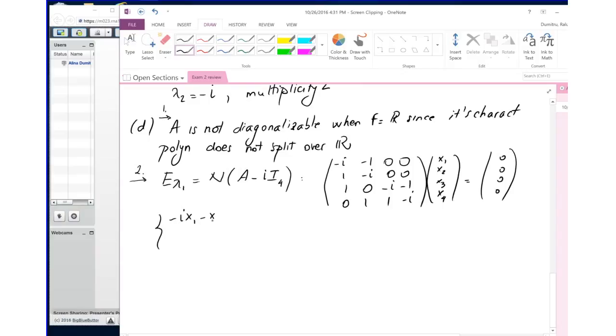Negative i x1 minus x2 is 0. x1 minus i x2 is 0, which are one and the same, because if you multiply the first one by i, you get exactly the second one. Right? i squared is negative 1.